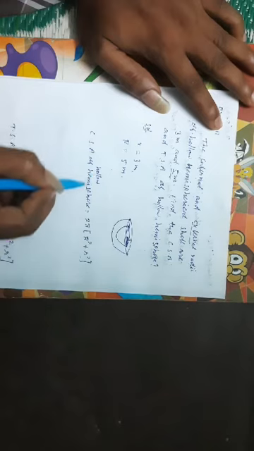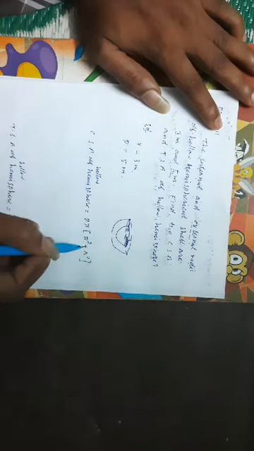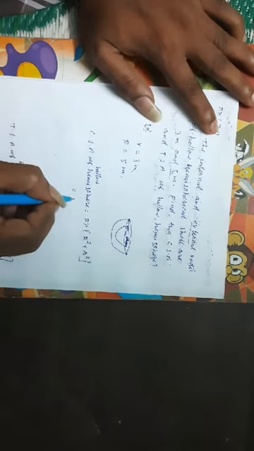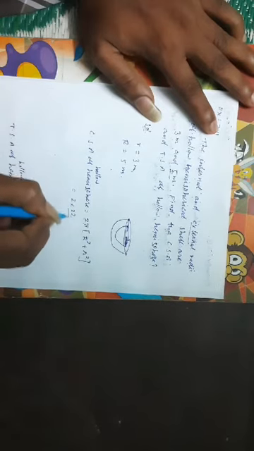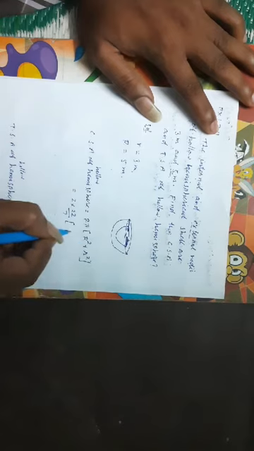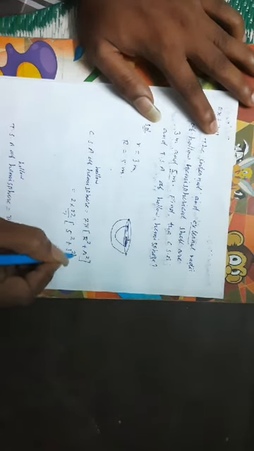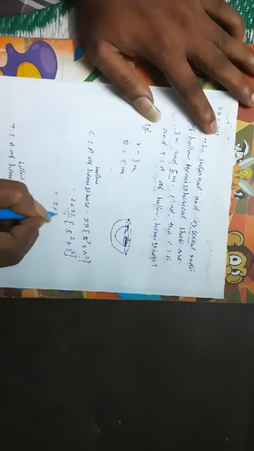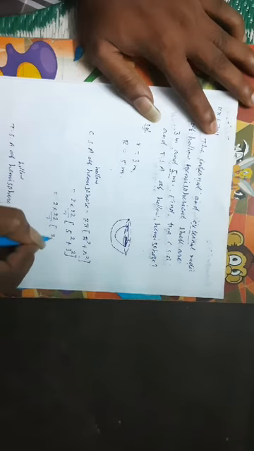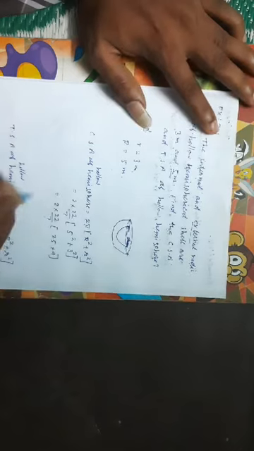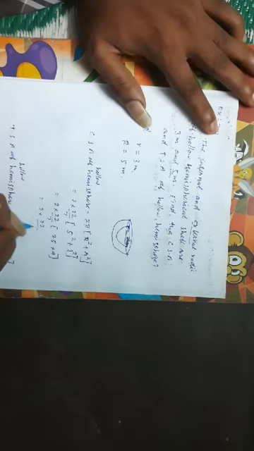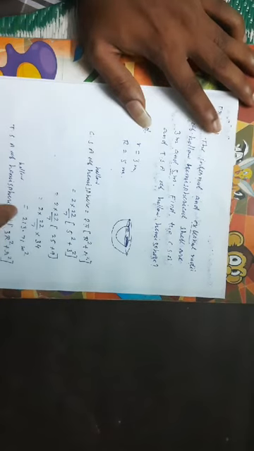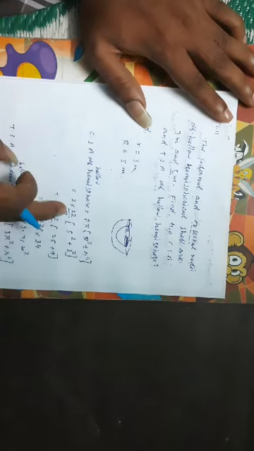Substitute 2 into 22 by 7 into 5 square plus 3 square. So 2 into 22 by 7, 25 plus 9, 2 into 22 by 7 into 34. We get the answer 213.71 meter square. This is the CSA of the hollow hemisphere.